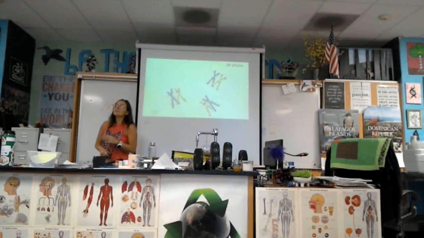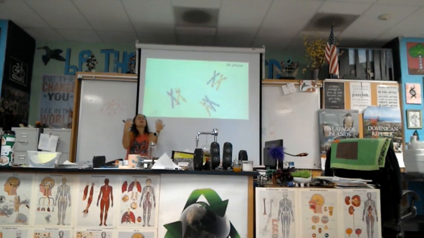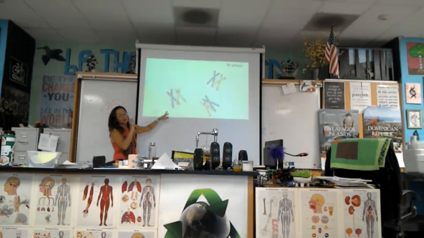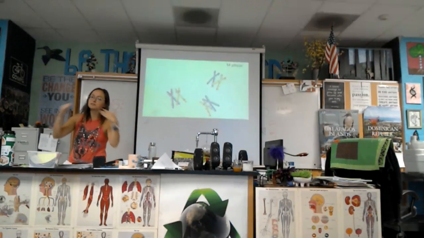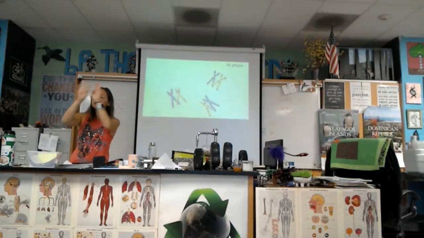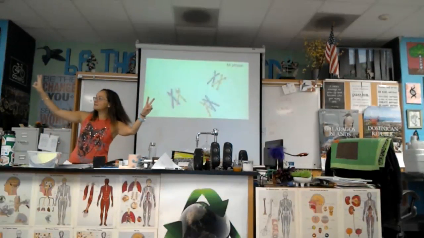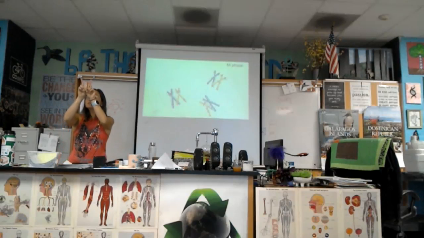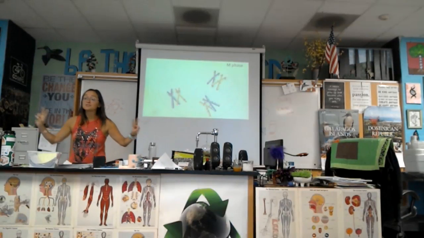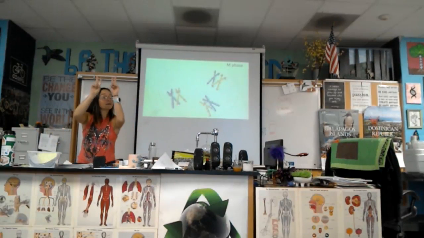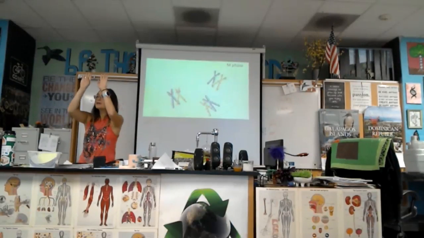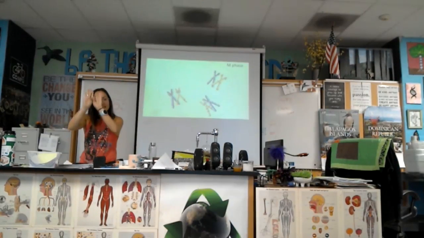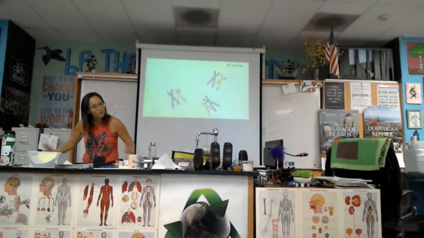No. If you want to know why this happens, well, next crossing over is going to occur and create variation. But they pair up because the whole purpose is to get from 6 to 3. By finding their matches, they come together, and eventually we're going to pull them apart. So by finding their pairs, that helps to get organized to make sure that when they do separate, each gamete just gets one copy.